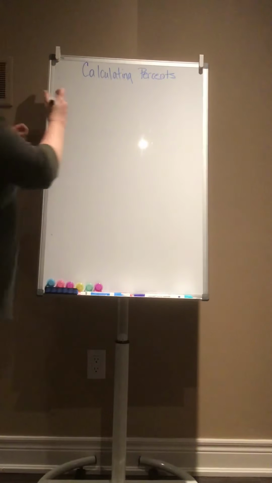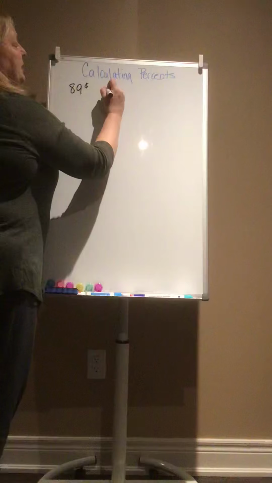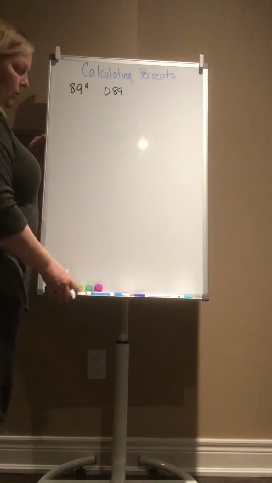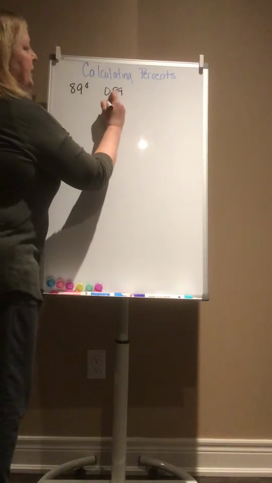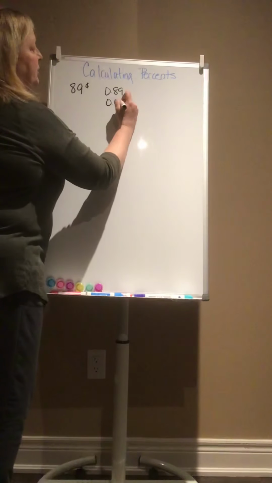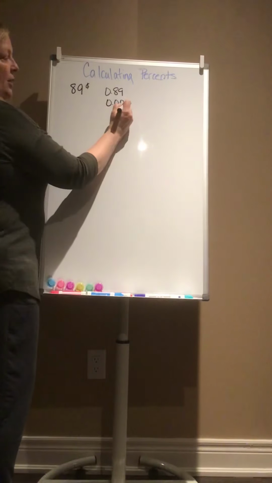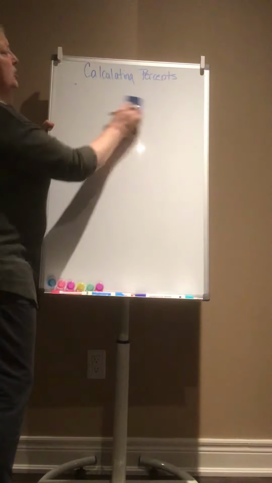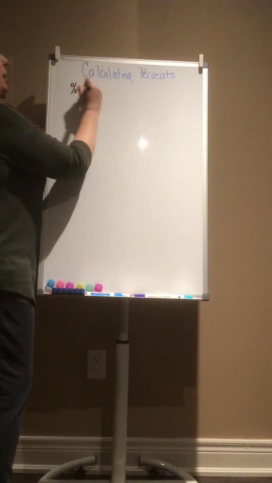Let's say we had 89 cents, which would be 0.89 of that dollar. Well, what happens if I'm now talking about a third of a cent? I would be writing it as 0.03. I'm not quite at a full cent yet. So that's what we're looking at right now, which is percents less than 1.